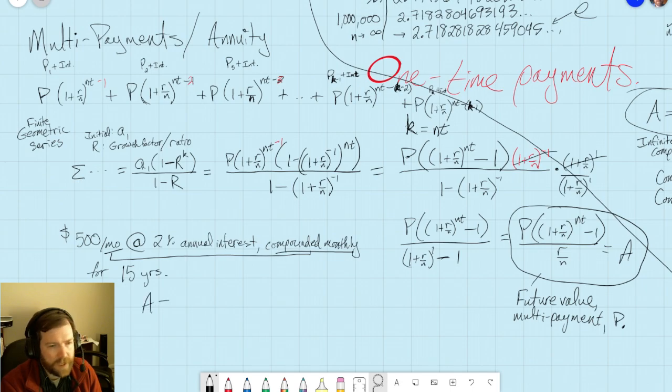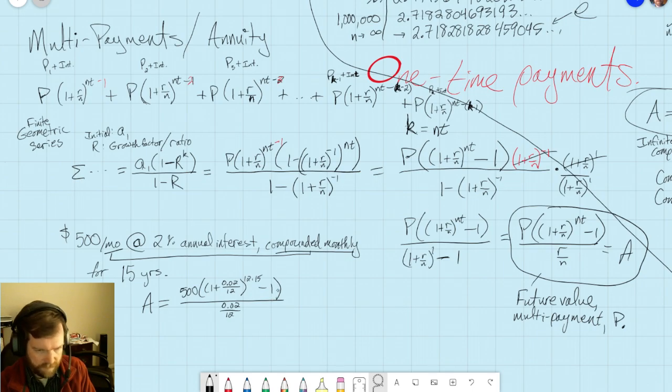So in this particular case, A is equal to, our payment is going to be $500 times, parentheses, 1 plus 2% annual interest is 0.02 over 12, raised to the n is 12, t is 15, minus 1, all over 0.02 over 12. Alright, 12 by 15 is 180. Okay.